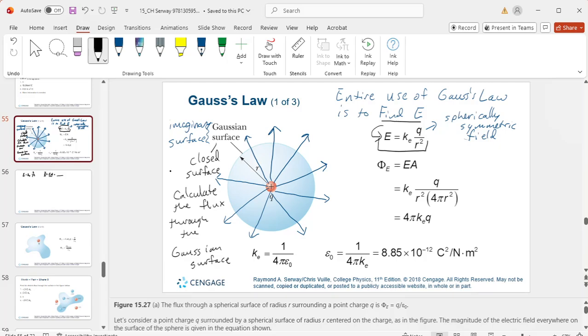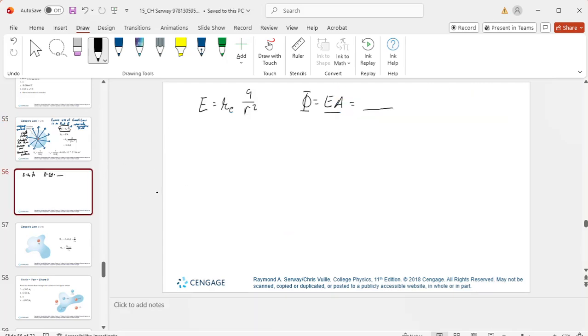And then we will actually apply it to a different situation. So even though I know E for this specific example, we can use that result to generate a machine, or an equation, that will allow us to then calculate the field in other situations. Okay, so that's the entire point.